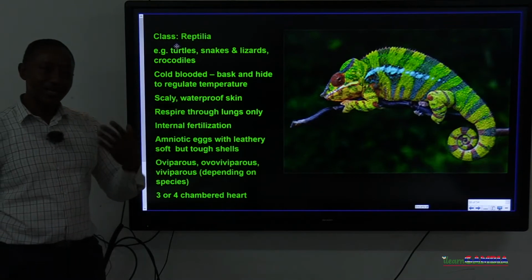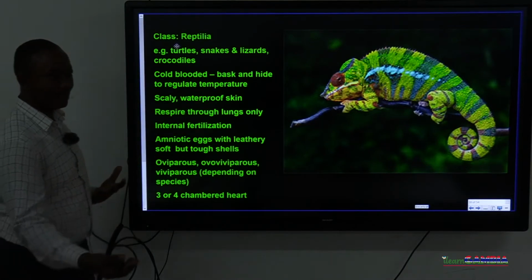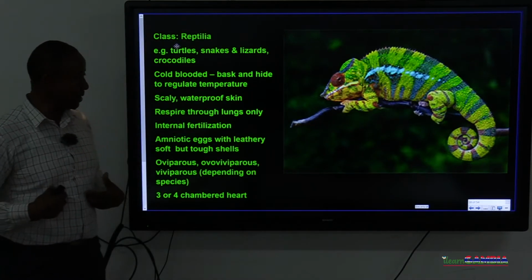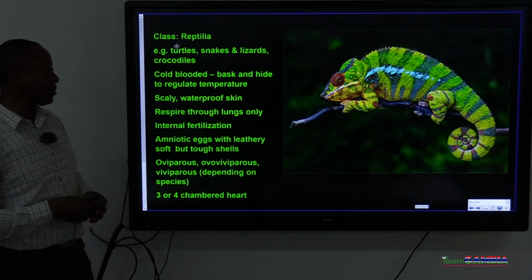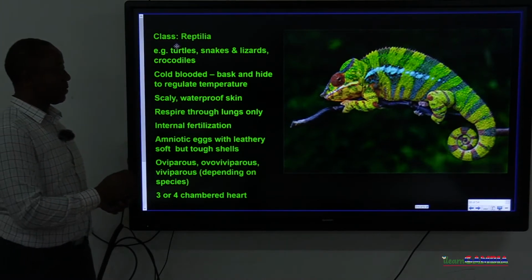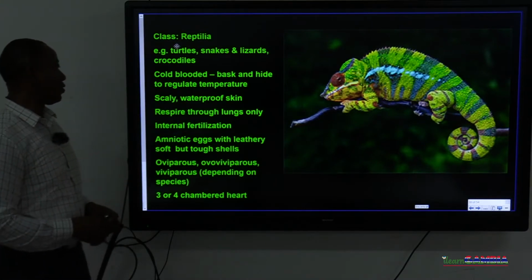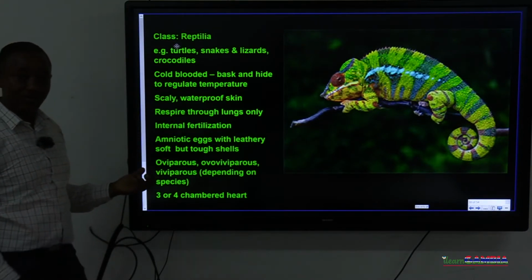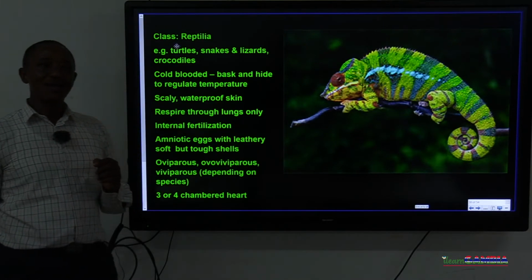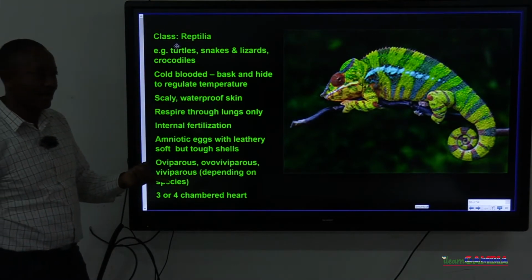They lay eggs, but these eggs are not laid outside the body. They are kept inside the body, and the young will develop, and once it is mature, it hatches, that is, breaks the eggshell, and then it comes out. That's why you might have heard some people say snakes give birth. Some snakes.